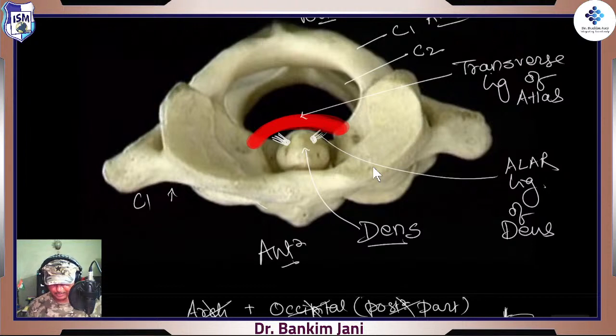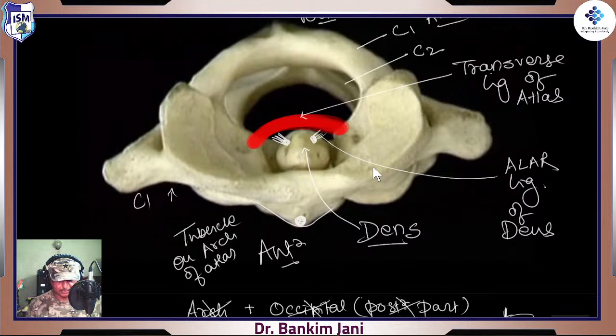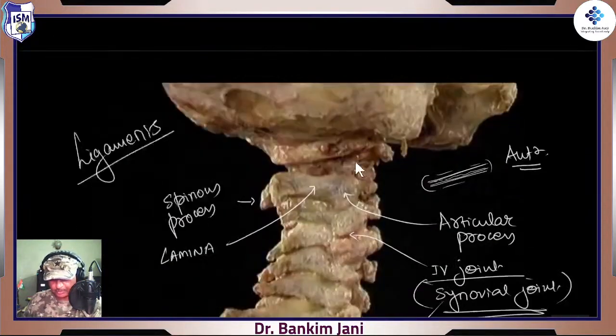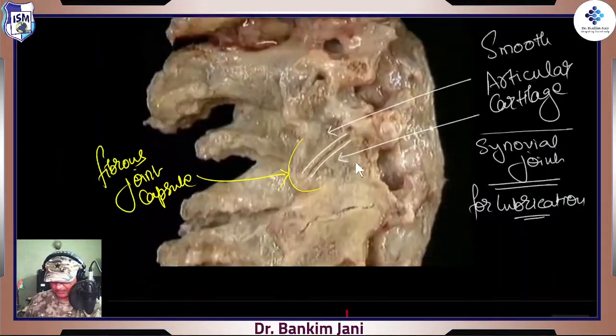And that's the arch, right? So this is what is called the tubercle on the anterior arch, or the anterior arch of atlas. So yes, that's the point from where this anterior longitudinal ligament would start, right?